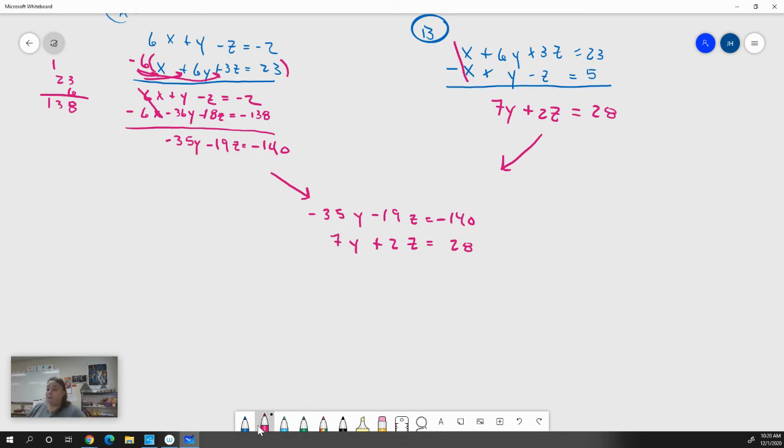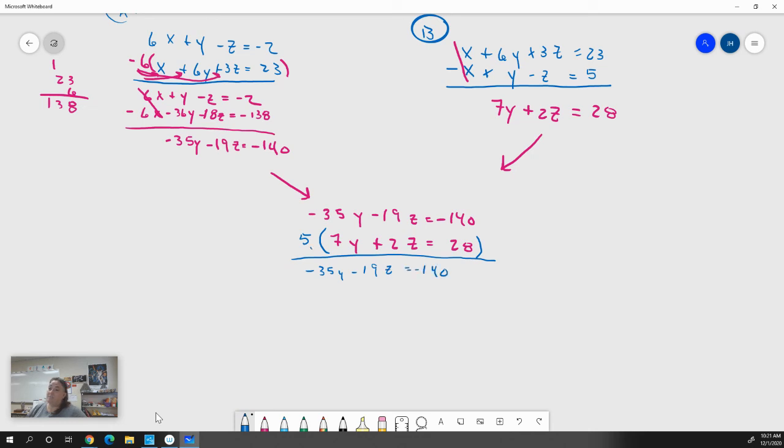And so what I'm going to do is I'm going to multiply this whole bottom line times 5, right? Because that will give me a plus 35y, and here I have a negative 35y, and that's what I want, is opposites. So I'm going to start by rewriting the top line, negative 35y minus 19z equals negative 140.